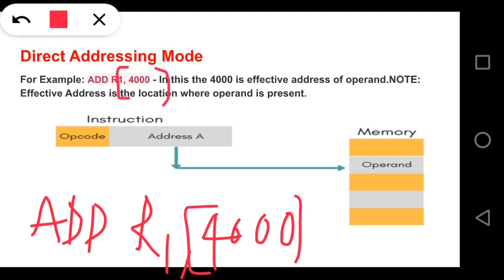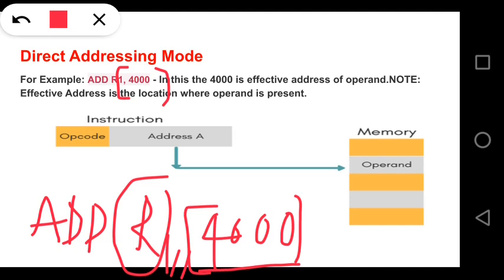So this is the notation for mentioning the address. In this, 4000 is the effective address of an operand. Note that the effective address is the location where the operand is present. So this is one operand, the register value, and the second operand is the address of the operand.